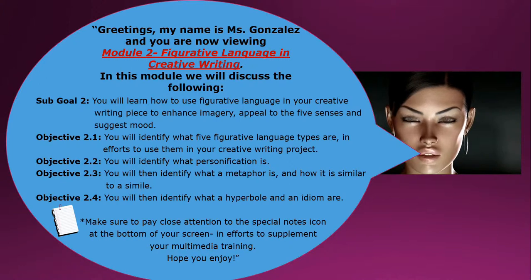You will then identify what personification is. You will then identify what a metaphor is and how it is similar to a simile. You will then identify what a hyperbole and an idiom are. Make sure to pay close attention to the special notes icon at the bottom of your screen in efforts to supplement your multimedia training. Hope you enjoy.